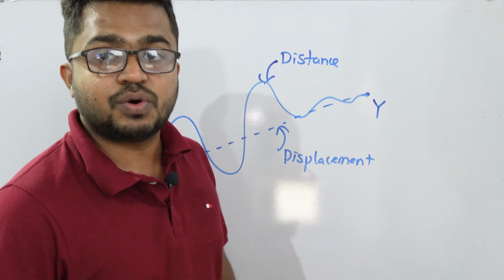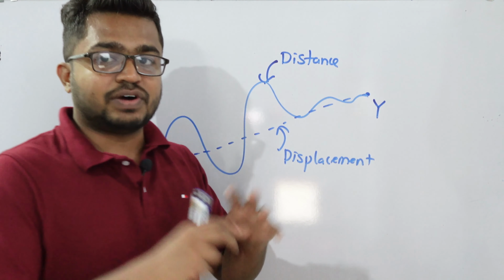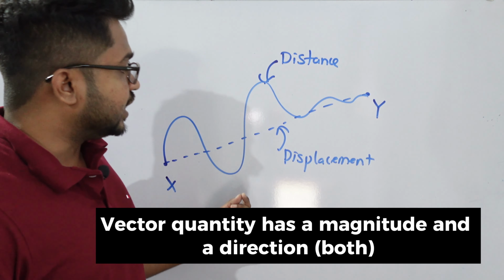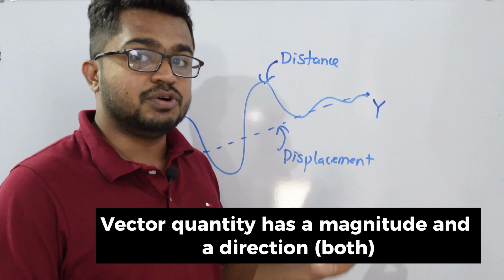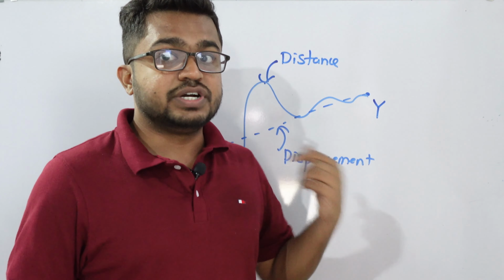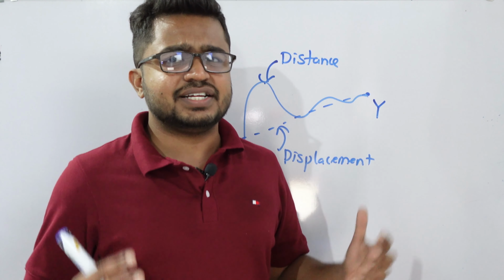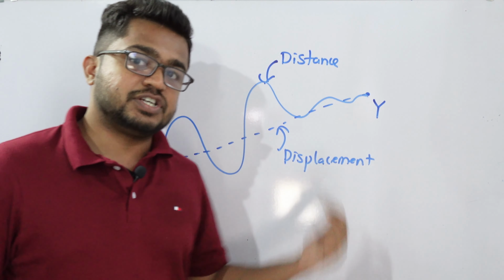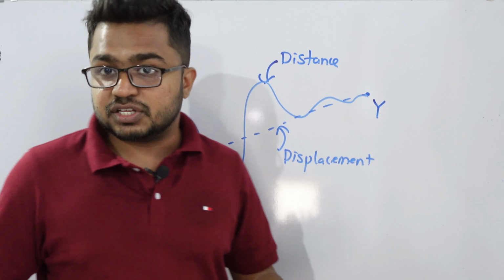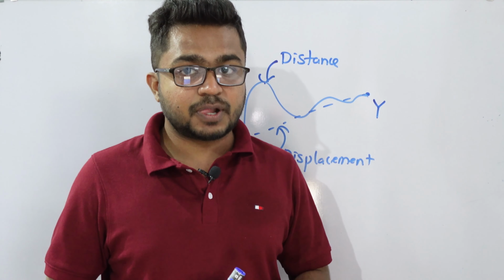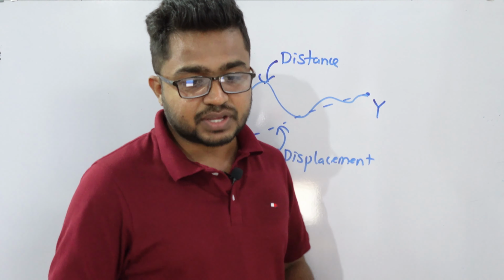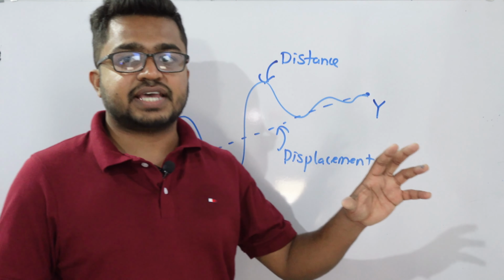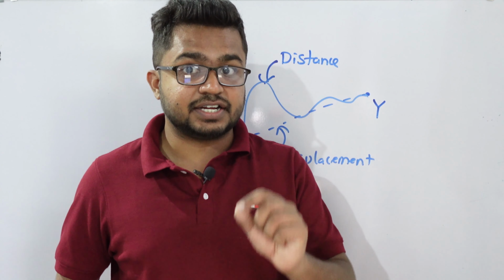Therefore, it's called a vector quantity. What's a vector quantity? A vector quantity is a quantity that has both a magnitude and a direction. So displacement is a vector quantity. Other than that, it's a length measurement similar to distance, and the same units are used to measure both. The international unit is the same. The difference is that distance is a scalar quantity and displacement is a vector quantity.